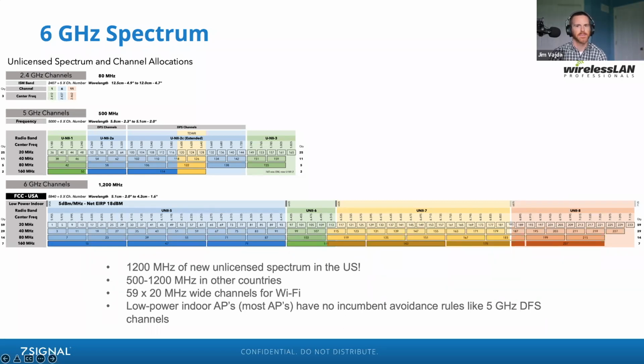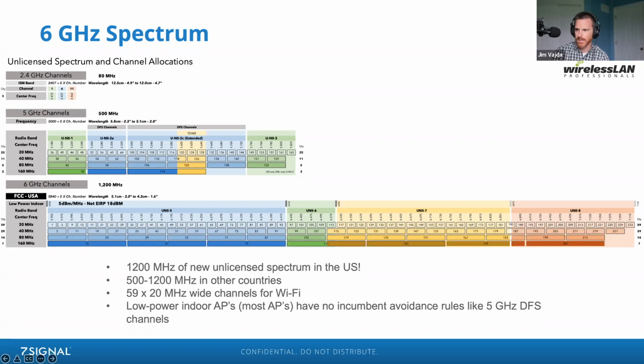The APs don't have to do any incumbent detection if they're low power indoors APs, so we don't have any of the DFS challenges that we have in the 5 gigahertz band. As long as our APs meet that low power indoors LPI requirement, they can use the whole spectrum here in the US without any other requirements, and that's really wonderful.